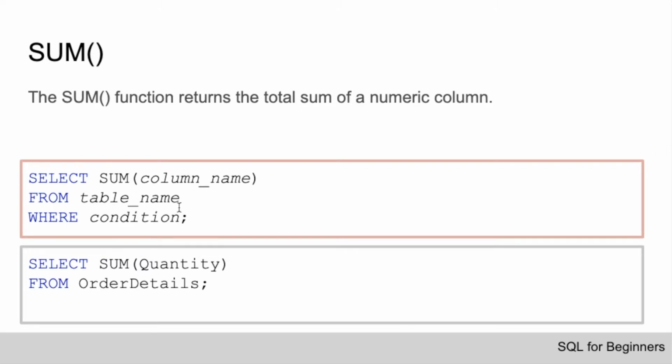Just to have a look at the blueprint of how to use sum, here we have, for example, a select statement, and when we want to apply some function, we'll write it after the select statement, and inside of the parentheses we will write the name of the column that we want to sum up, and after that we'll write the table that we want to retrieve the information from, and we can also write some additional conditions using the where clause.